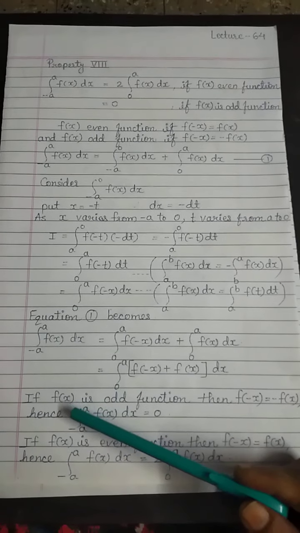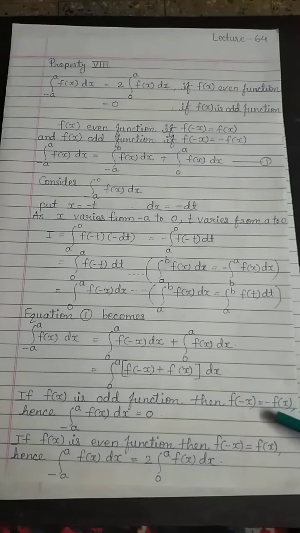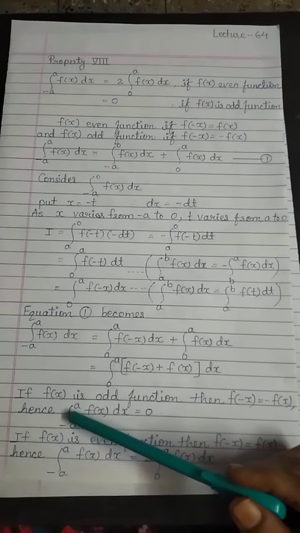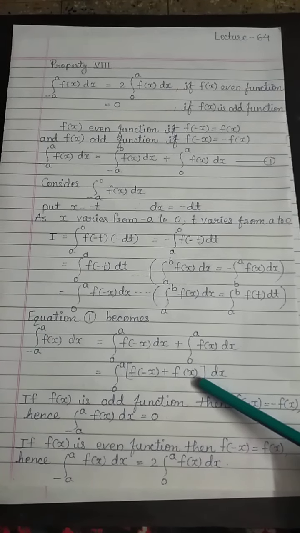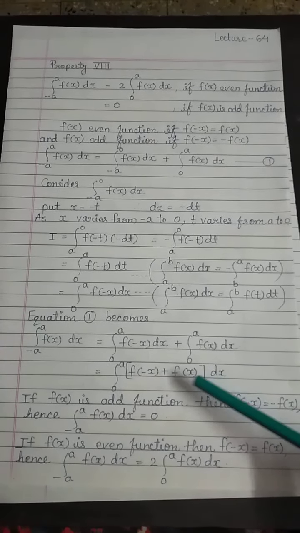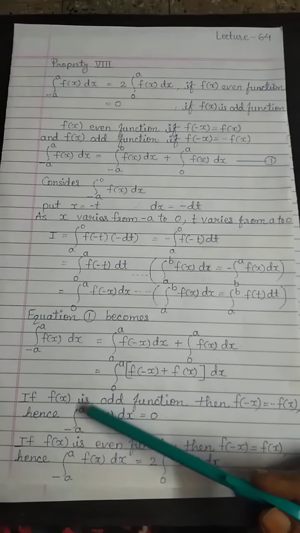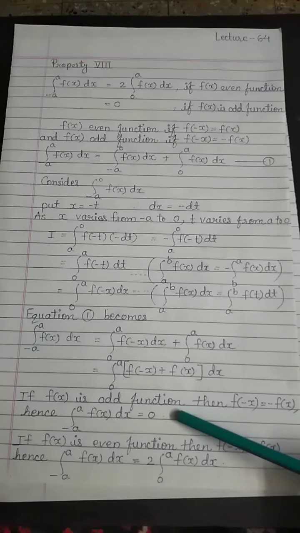Now if f of x is odd function, then f of minus x is equal to minus of f of x, and therefore we will get here minus of f of x plus f of x, and both will get cancelled, and obviously here we will get a 0, and therefore here we have integration from minus a to a of f of x dx is equal to 0.